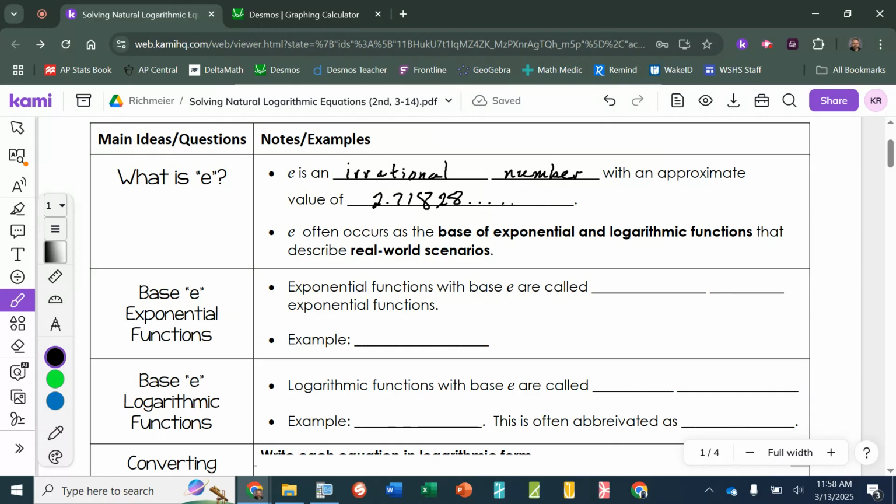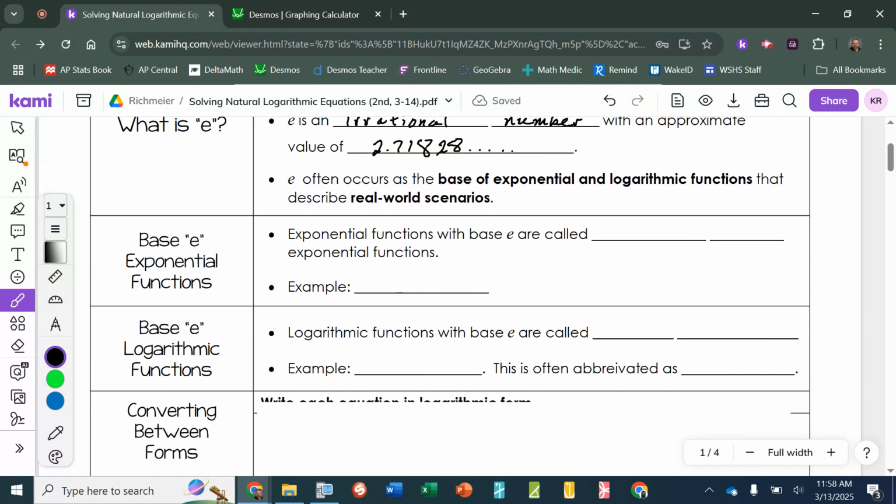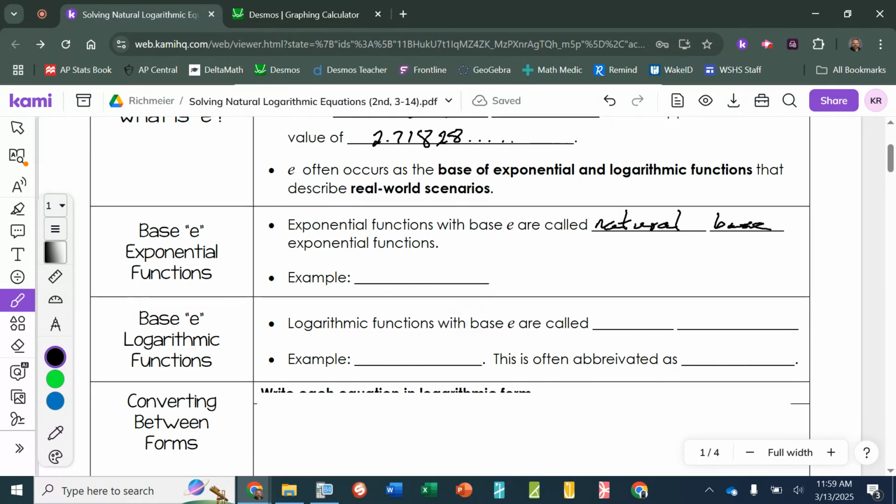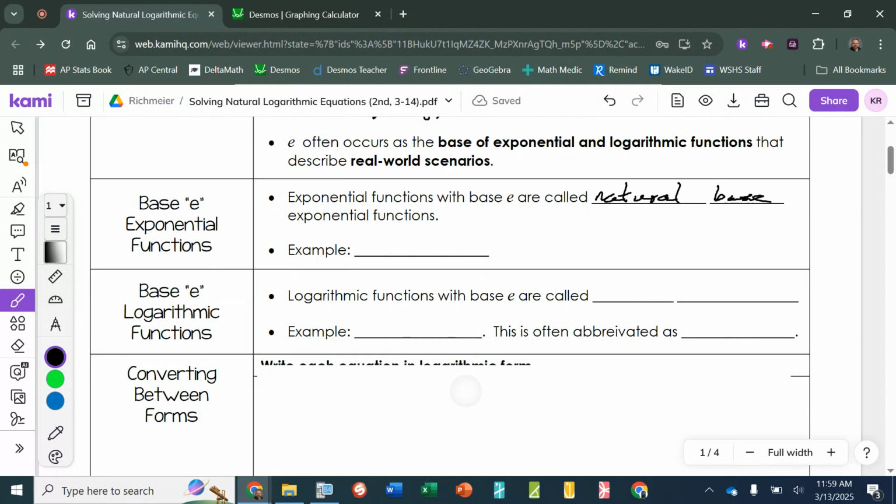Exponential functions with a base of e are called natural base exponential functions. An example of a natural base exponential function would be y equals e to the 5x power.